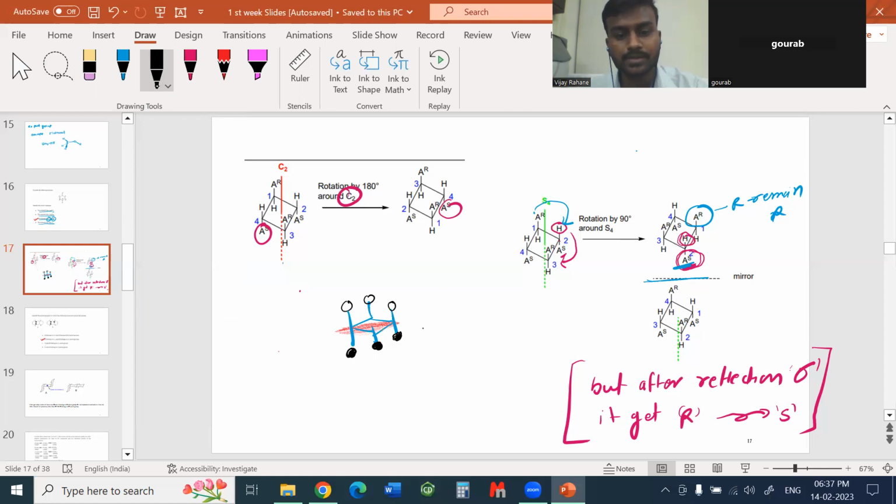So after reflection, when you pass a mirror plane perpendicular to this axis, what happens after sigma h, it will be like this, right?